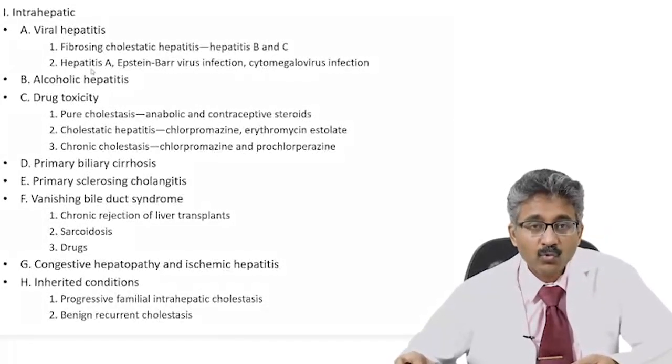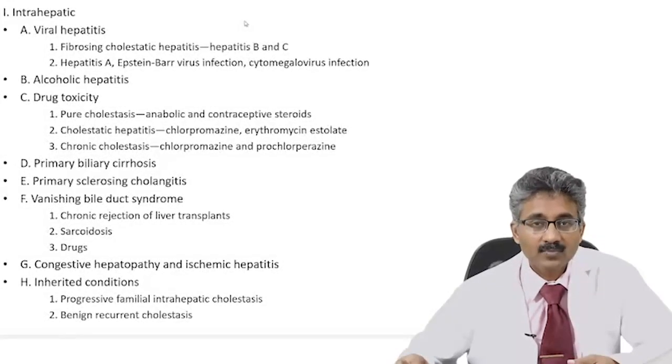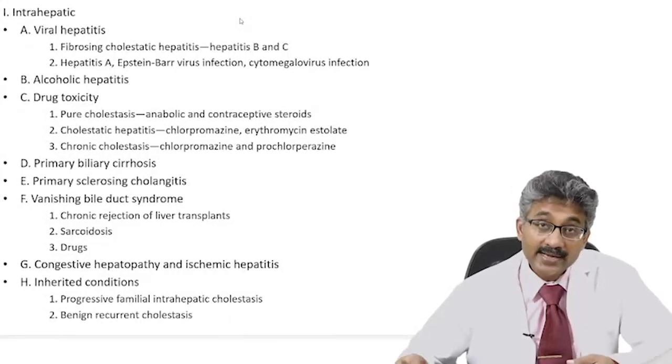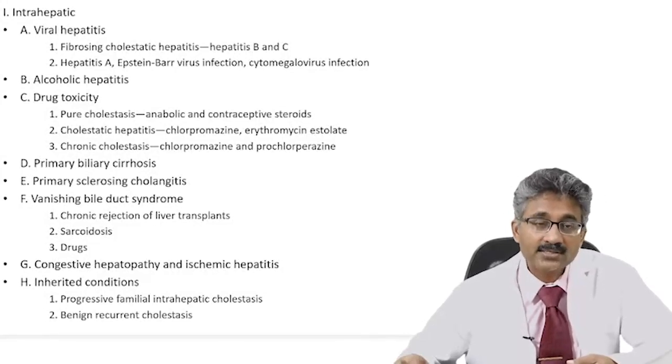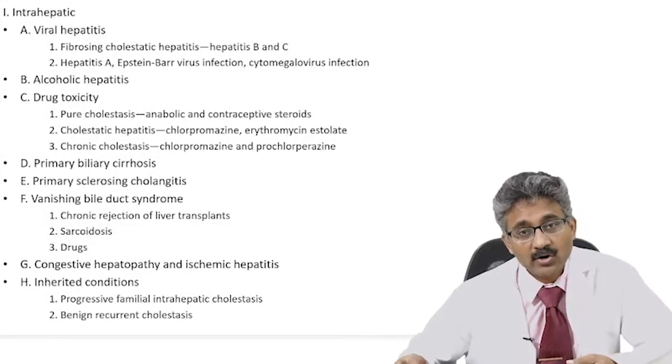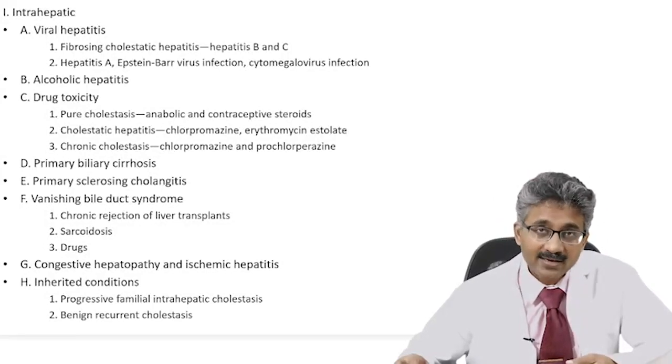So what are the causes of cholestatic jaundice? Students, the causes which produce hepatocellular jaundice also produce cholestatic jaundice, like the viral, toxins, drugs. Especially they produce intrahepatic cholestasis.